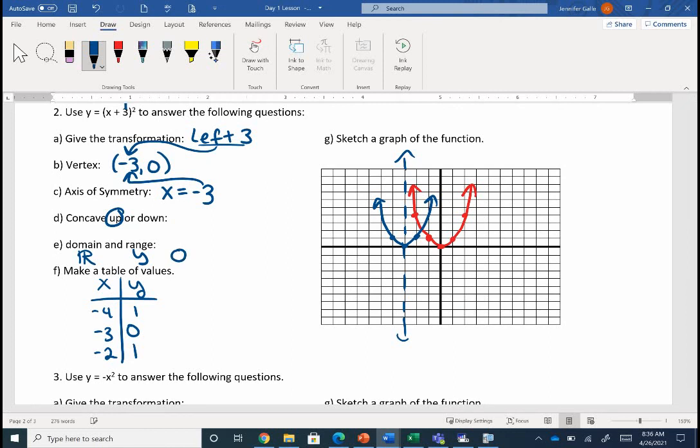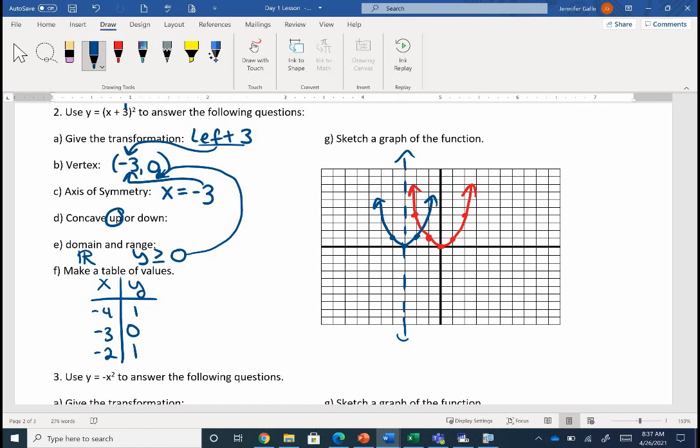My graph opens up, so every other part of my graph is greater than, but can also be equal to that 0. Notice again that 0 value, that range value, is part of my vertex. So notice my axis of symmetry value, part of my vertex. My range value, part of my vertex. Notice those patterns.